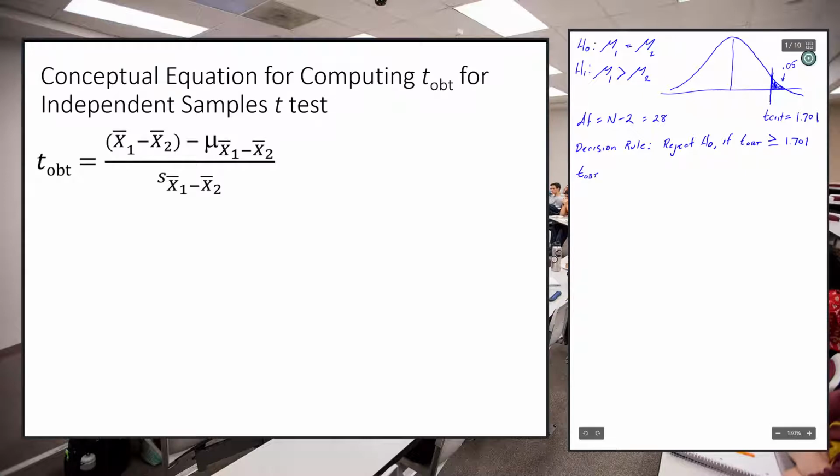T obtained is equal to x bar 1 minus x bar 2 divided by the standard error of the difference between means. Now you might be wondering, why didn't I subtract the mu of x bar 1 minus x bar 2 in the numerator? Well, that's 0, so it just kind of is redundant.